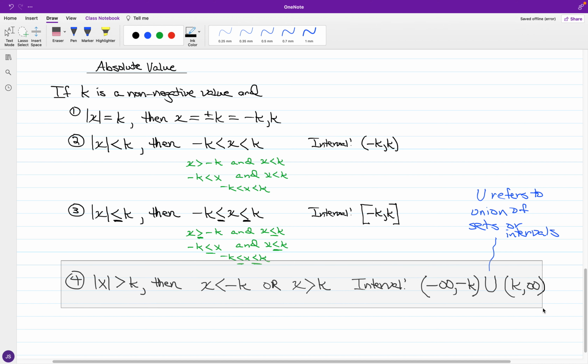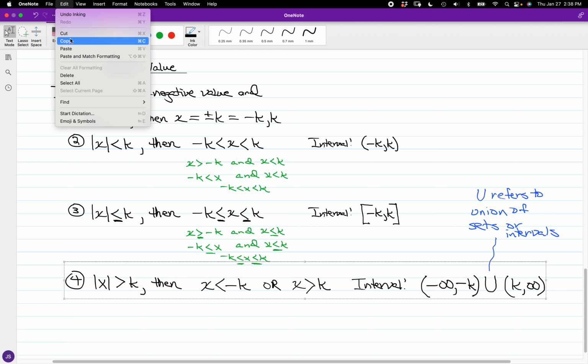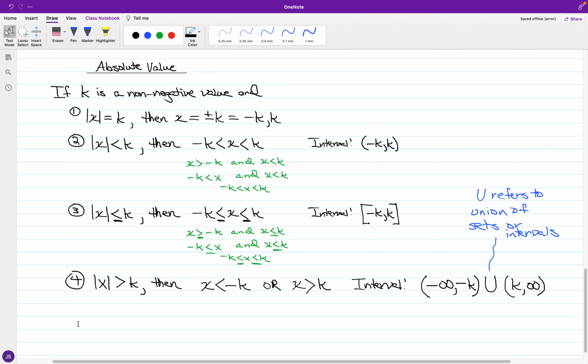Again, case 3 is like a duplication of case 2, and the remaining case would be almost like a duplication of case number 4.